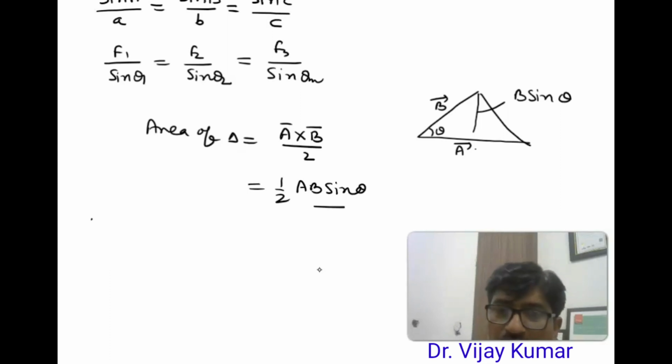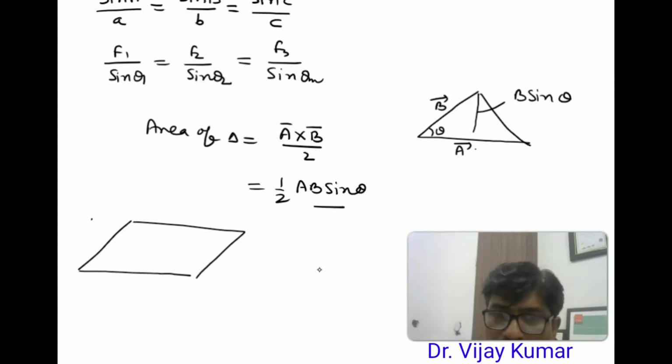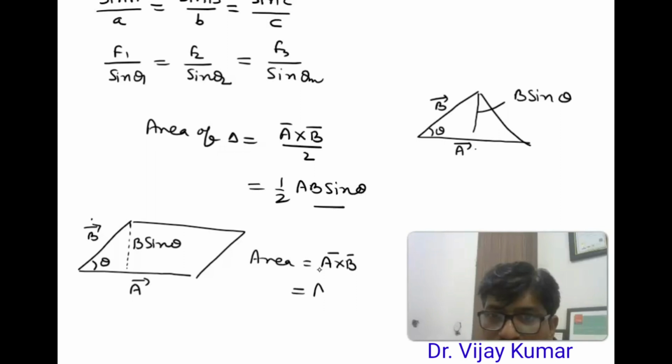And suppose this is a parallelogram, with vector A, vector B, height B sin theta, and angle theta. In this case the area is the magnitude of A cross B, or AB sin theta.